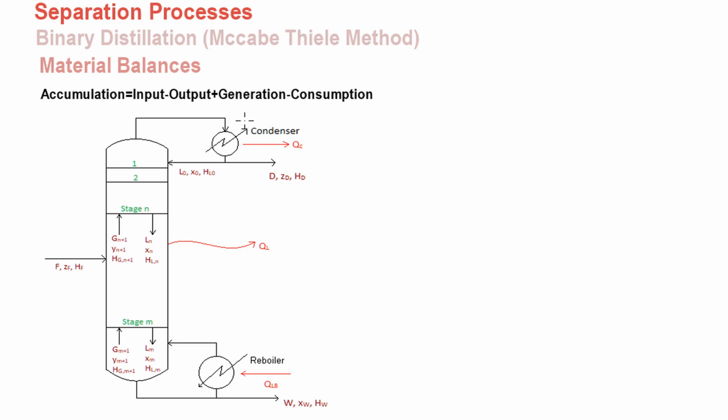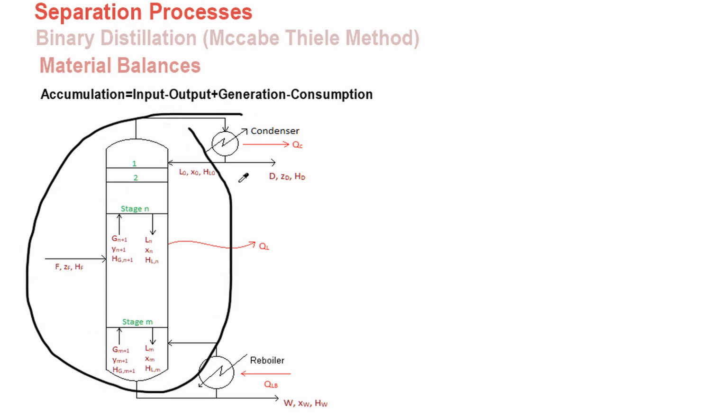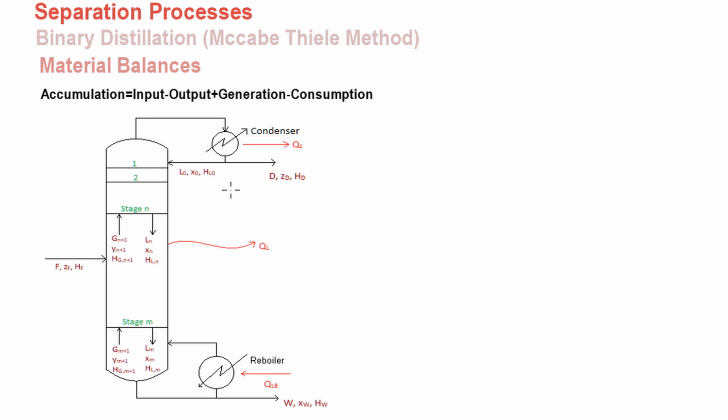So therefore, we'll be constructing different material balances for a distillation column, which is shown here, and we assume that this distillation column is operating at steady state or at a constant volume, so therefore our accumulation term would be equal to 0. We assume that there isn't any reaction taking place in this distillation column, so both the generation term and the consumption term go to 0, which leaves 0 is equal to input minus output.